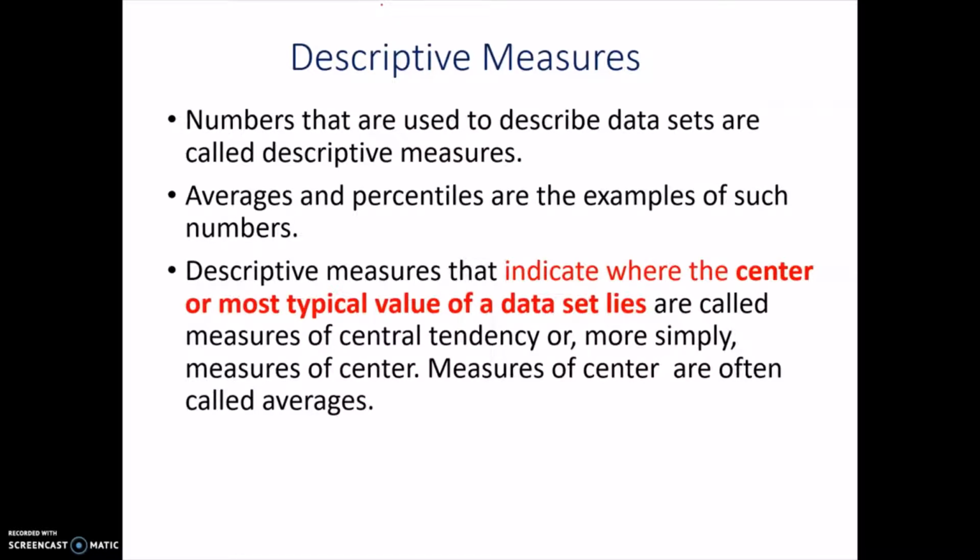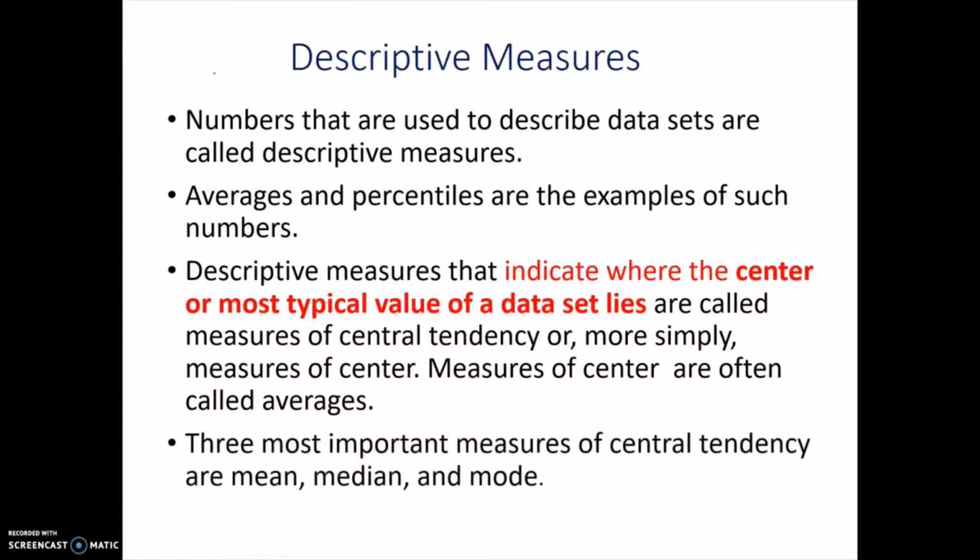There are three most commonly used measures of central tendency, and these are mean, median, and mode. What are these? We're going to explain in the next slide.